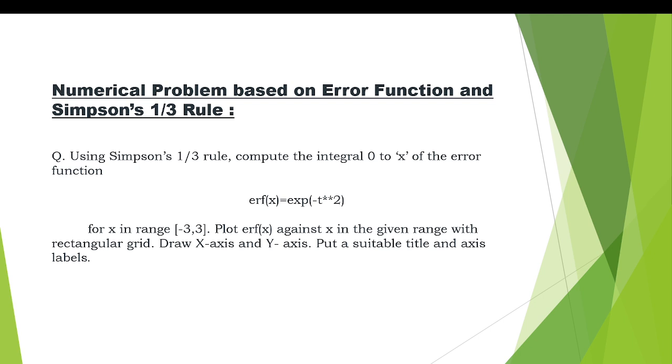Plot erf of x against x in the given range with a rectangular grid, and also draw the x-axis and y-axis and put a suitable title and axis labels. I will solve this question using Python code and I will show you the code next.